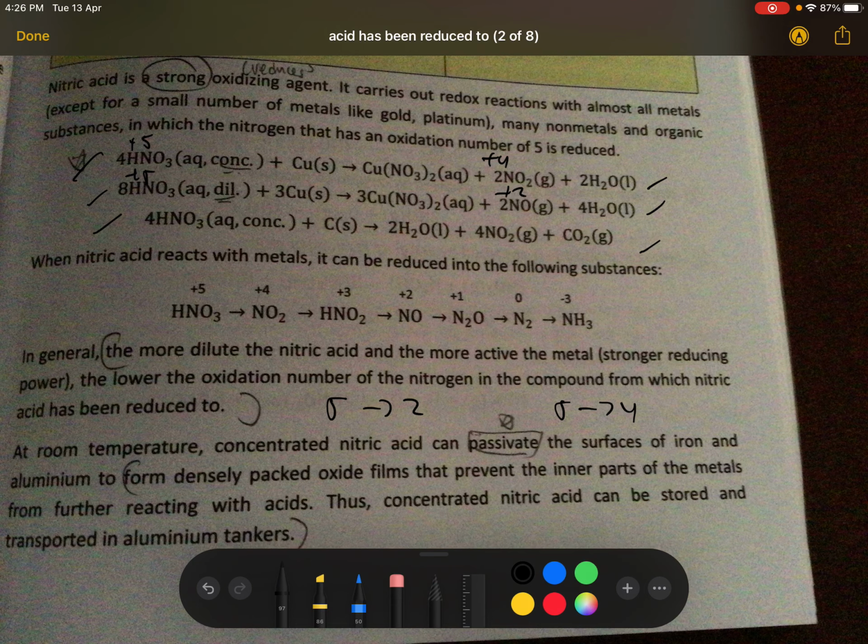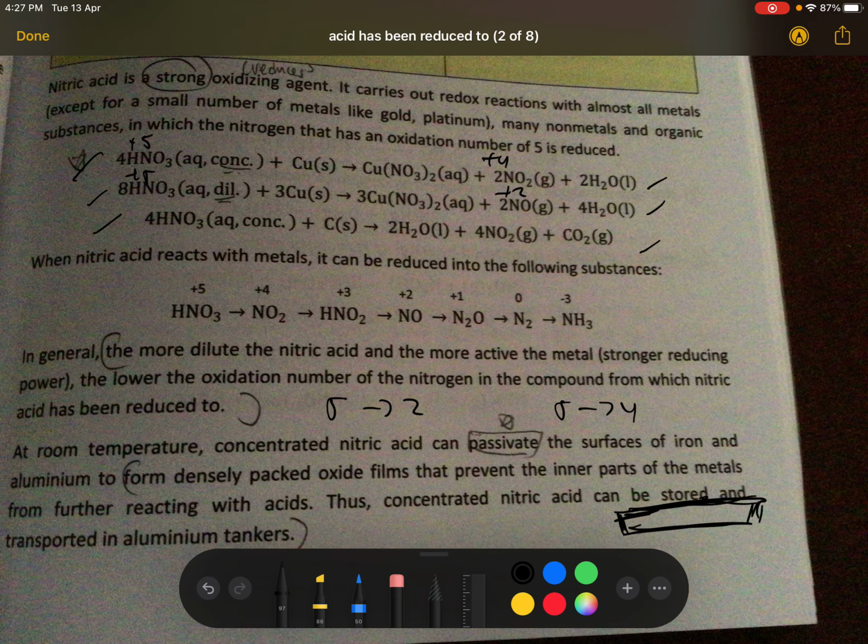Also, at room temperature, concentrated nitric acid can passivate the surfaces of iron and aluminium to form densely packed oxide films that prevent the inner parts of the metals from further reacting with acids. What that means is, if it were to react with iron, it will create this layer up here, passivate.